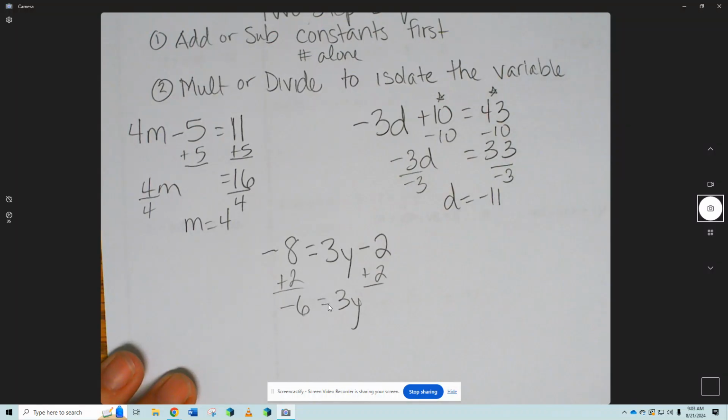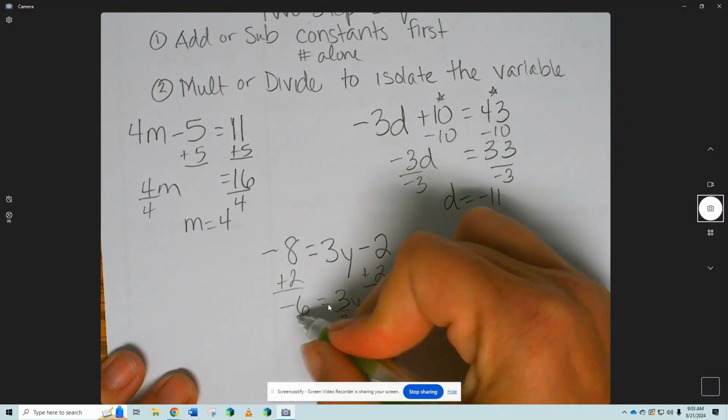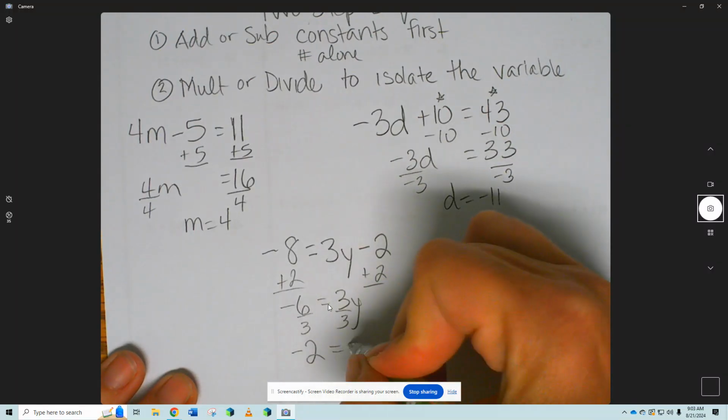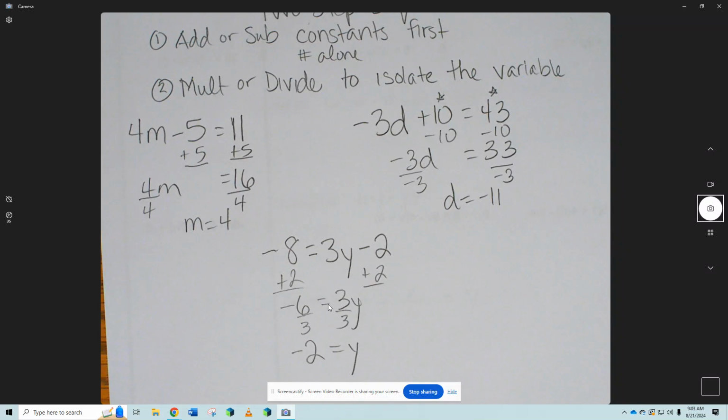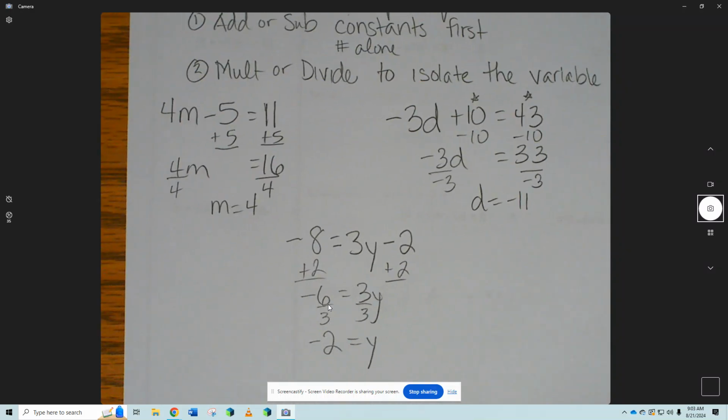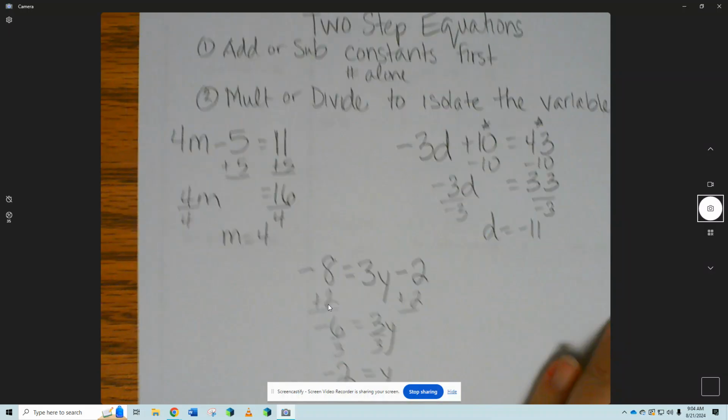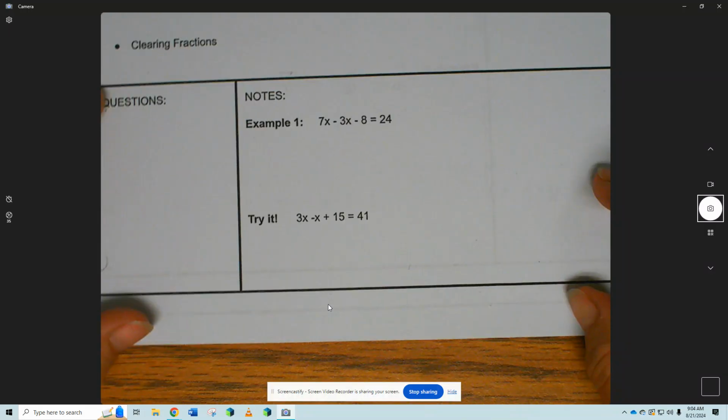Did you divide by 3 both sides? Yeah. Did you get negative 2 equals y? Yes. Yeah. Cool. All right. Are we good? Move to the front side.